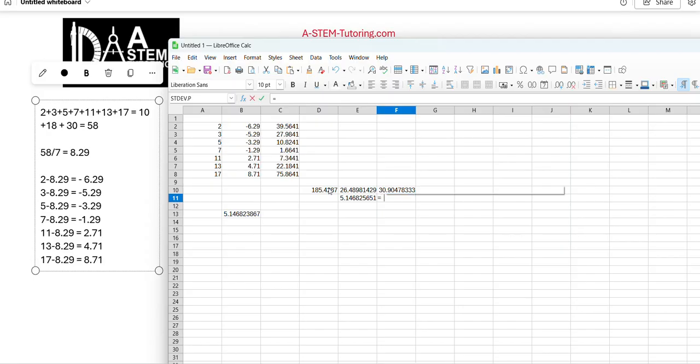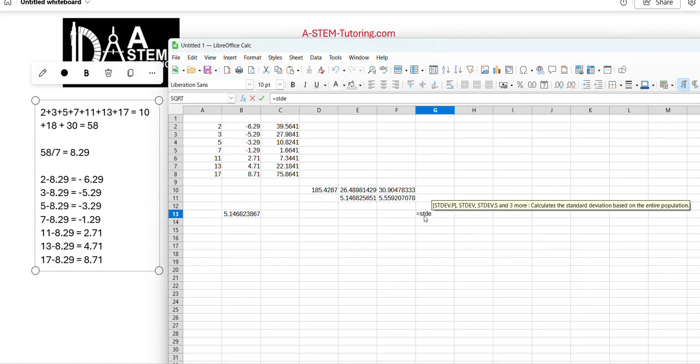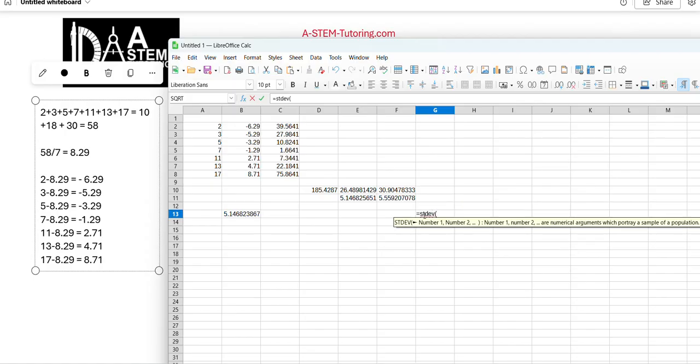And then the square root of that. So if this was only a sample rather than the entire population, then the standard deviation would be 5.56. And let's verify that using the standard deviation formula from the spreadsheet.